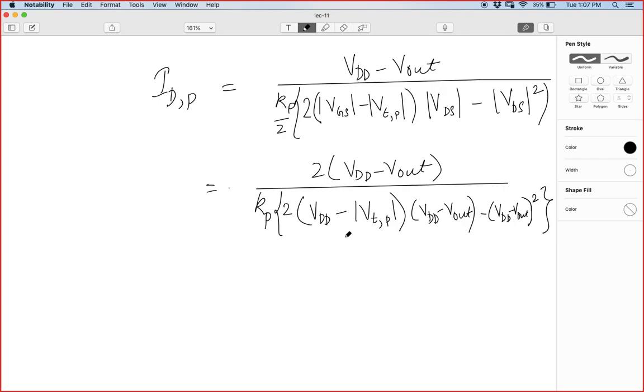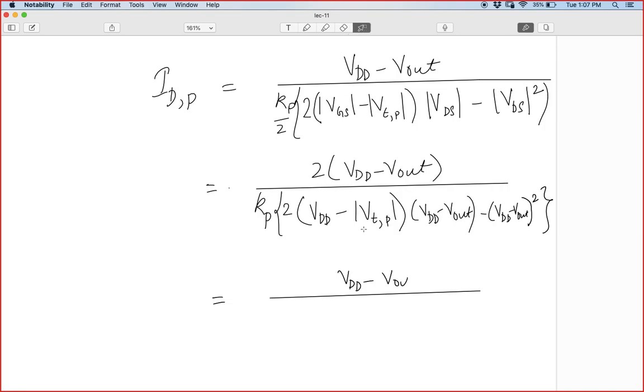Right? So now in this case, what I can do is this VDD minus V out, I can take common, and this can be simplified, and this term can be cancelled.